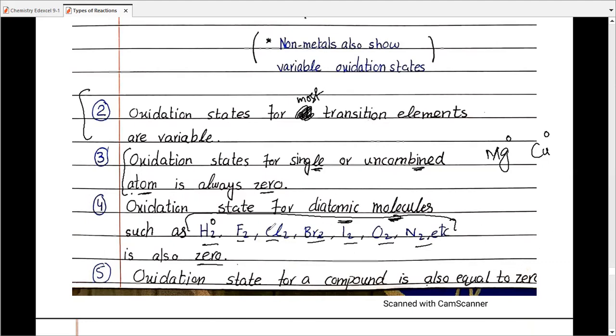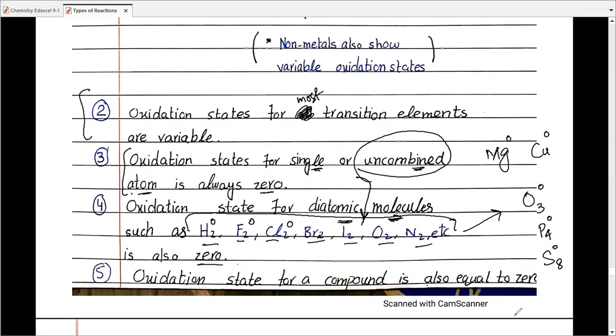So H2, 0, F2, 0, Cl2, 0. It doesn't stop there. O3 has all the same elements, 0. P4, all the same atoms, 0. S8, atoms of the same element, 0. So this is what the word uncombined suggests, right?